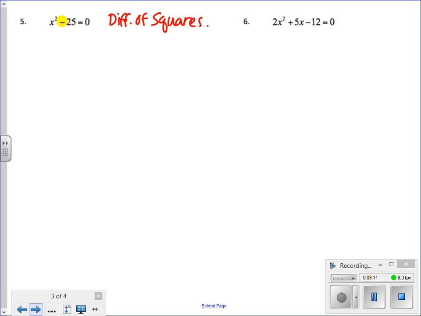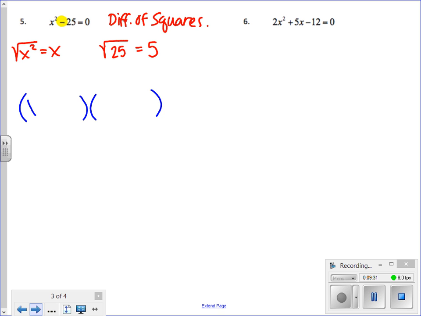So let's see. I can take the square root of x squared. That gives me x. I can take the square root of 25. That square root is 5. So because I can take the square root of both terms, there's 2 terms, and there's subtraction, I'm going to use my factoring method of difference of squares.